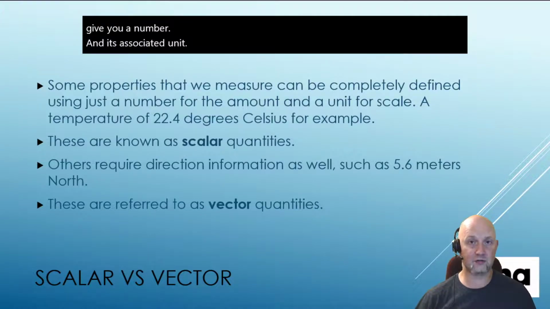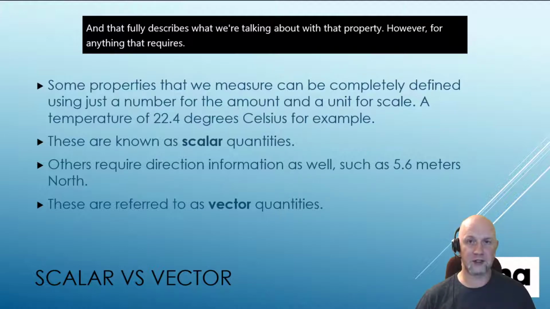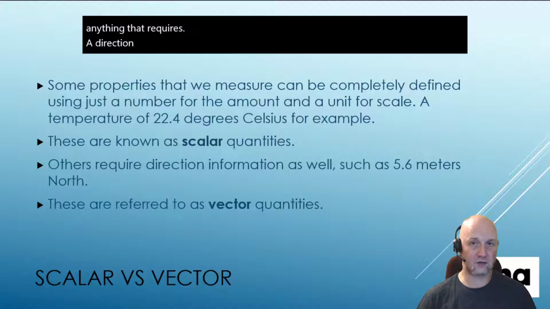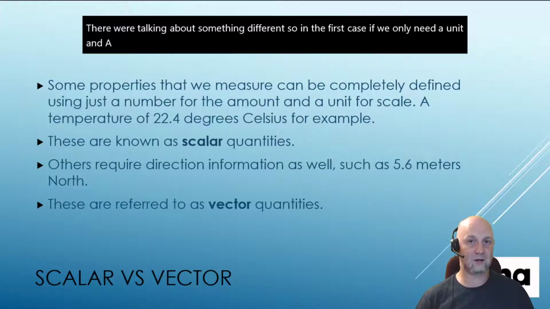And that fully describes what we're talking about with that property. However, for anything that requires a direction element to fully describe it, we're talking about something different. In the first case, if we only need a unit and a number, we call that a scalar quantity.